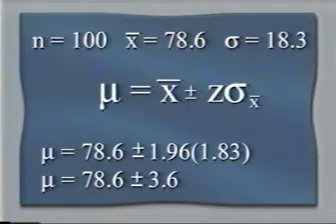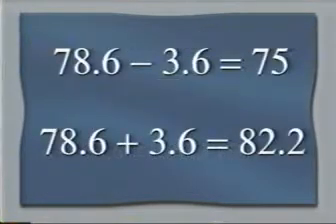We are 95% confident that the true useful life of those batteries produced at that factory, at least that day, is 78.6 minutes with a margin of error of plus or minus 3.6 minutes. The interval can also be written as being between 75 minutes and 82.2 minutes, obviously adding and subtracting the margin of error.